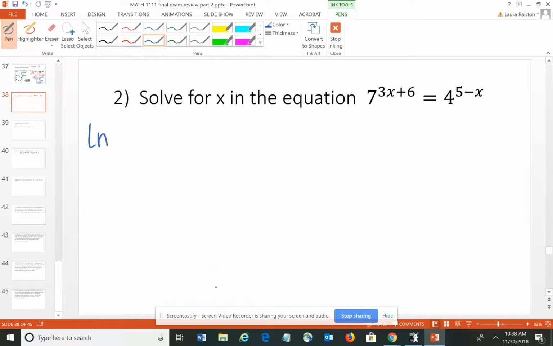I'm going to use the natural log of 7 to the 3x plus 6 equals the natural log of 4 to the 5 minus x. I'm going to take the natural log of both sides. Then I'm going to apply my logarithmic property about the exponent.